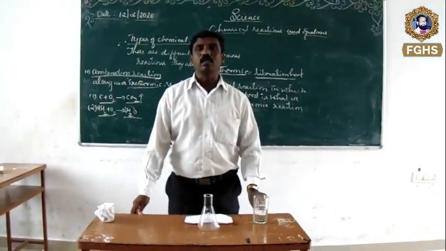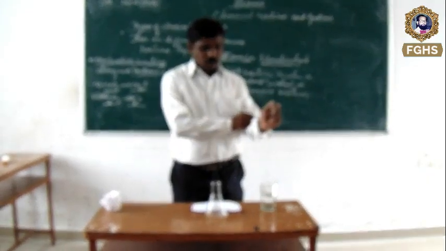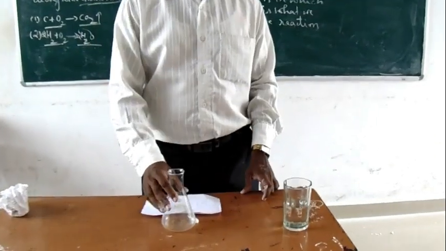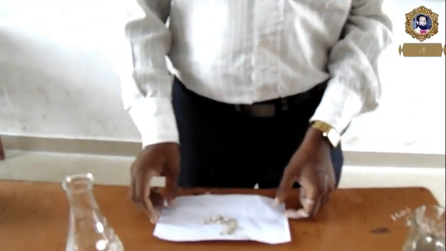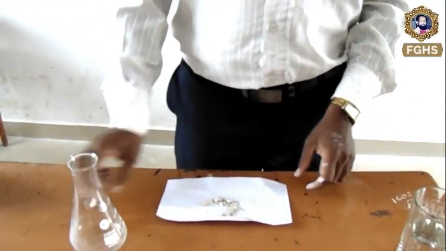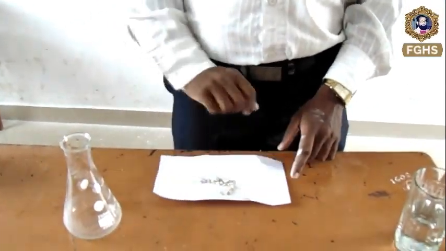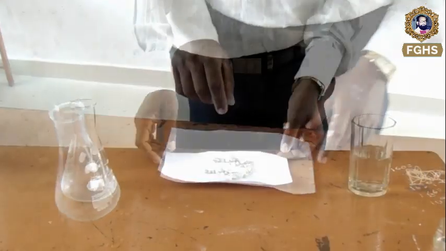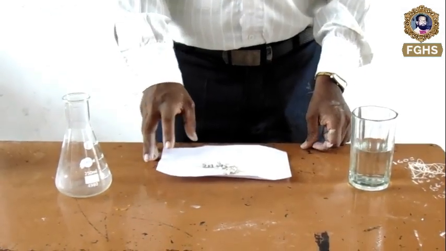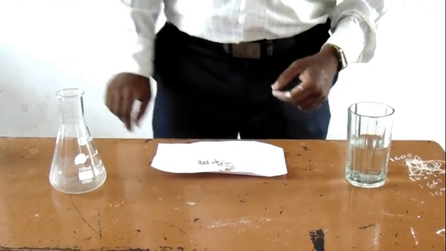Children, to conduct this experiment, what we require is a glass of water, a beaker, but here I am using a conical flask, and a few pieces of calcium oxide, because calcium oxide is also called quicklime.